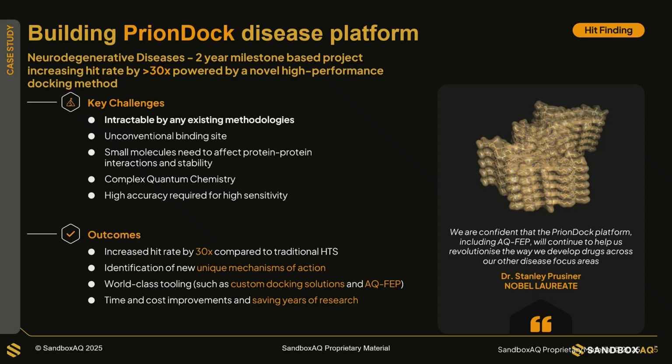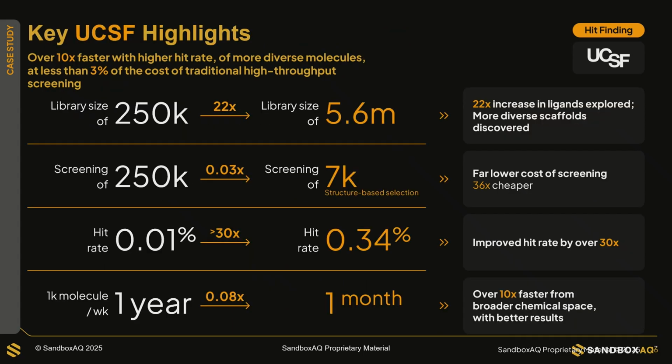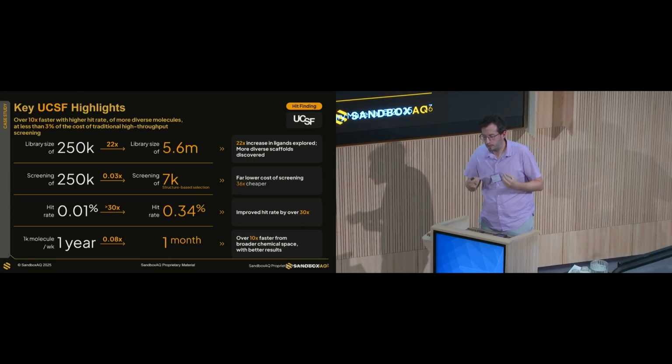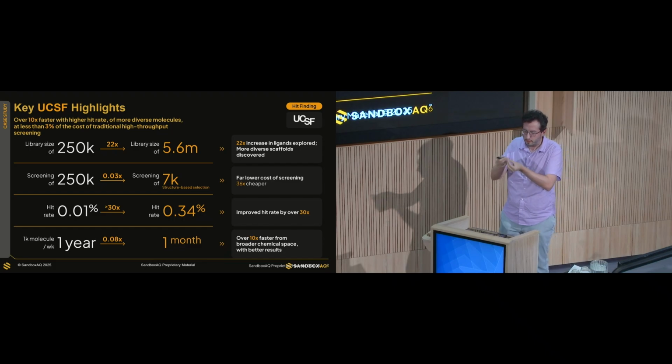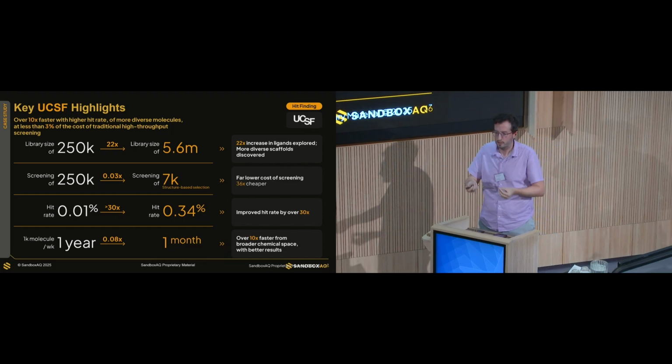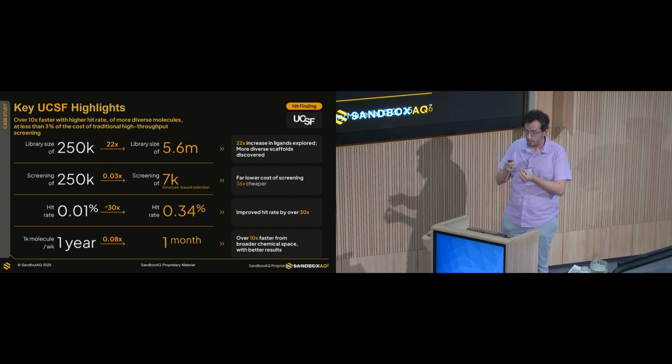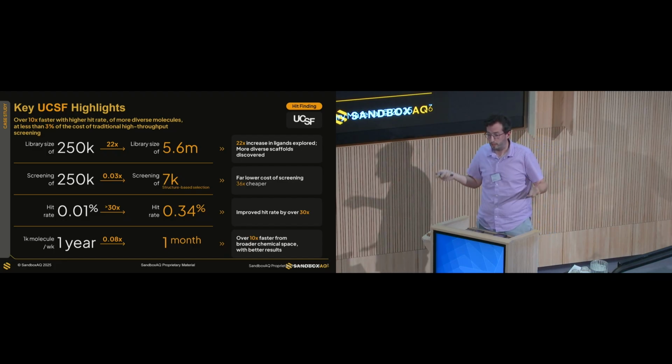It's extreme specialization. But by specializing and applying the general LQM theme, we've been able to make progress. As an example, we've been able to greatly enlarge the number of molecules that you're able to test against the target, and essentially improve the hit rate as well.